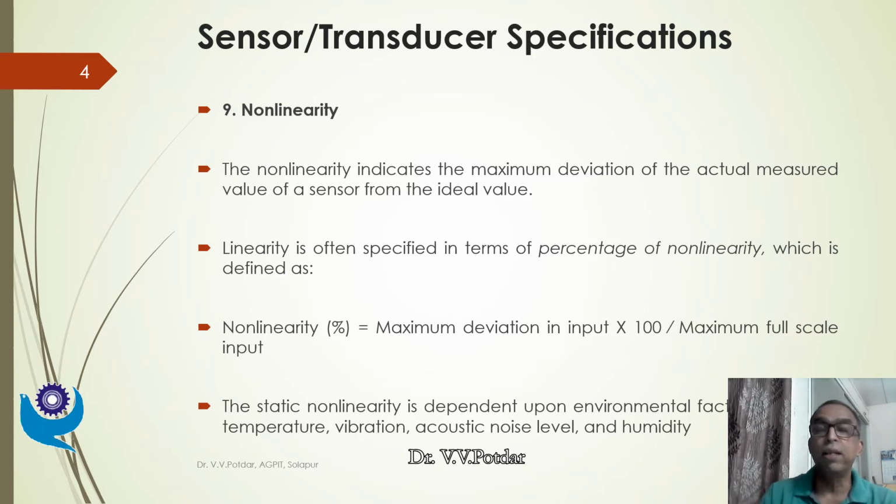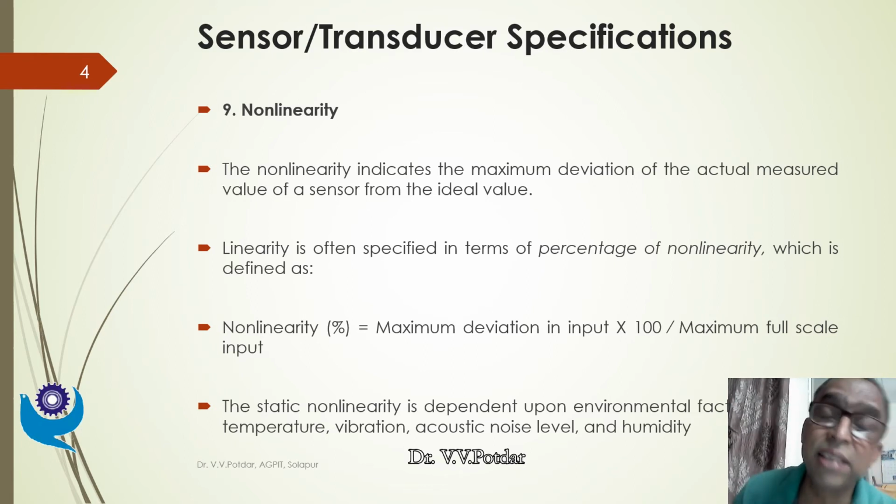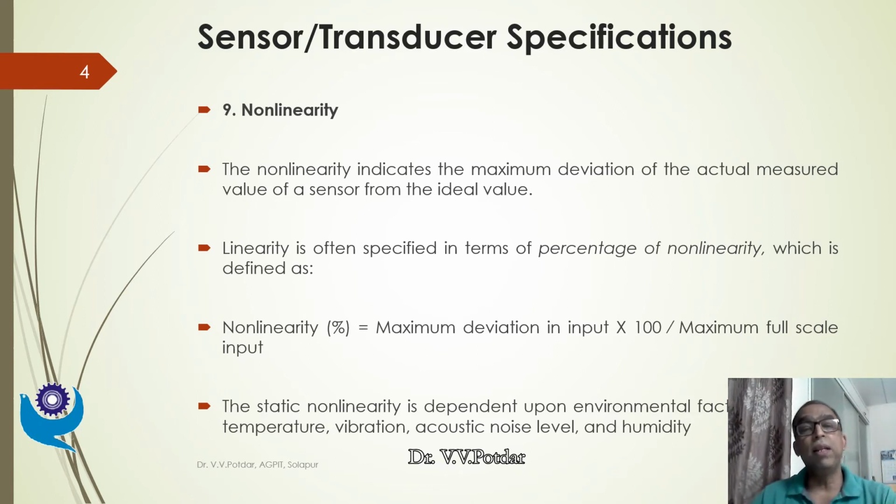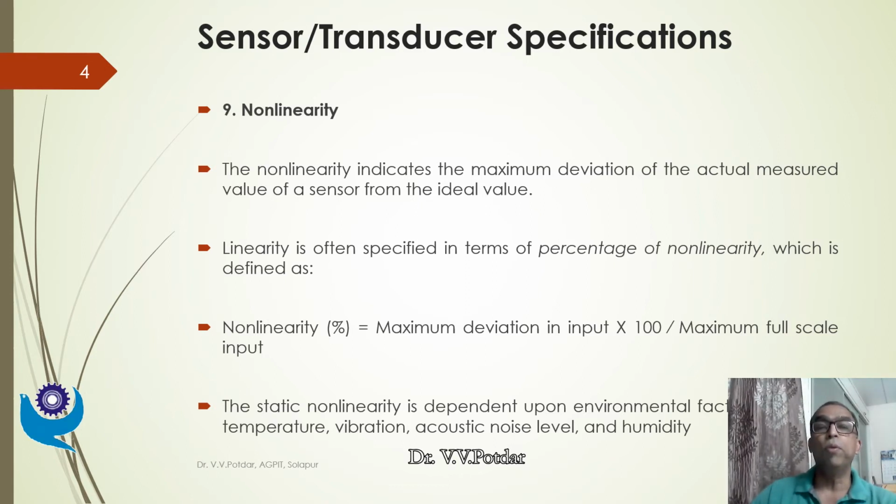And if it doesn't convert it in a proportionate manner, I might get a nonlinear behavior. And the index, what is the proportion of this nonlinear behavior, is given by this nonlinearity index, which is given in percentage. That is, nonlinearity percentage is equal to maximum deviation in input multiplied by 100 divided by maximum full scale input.